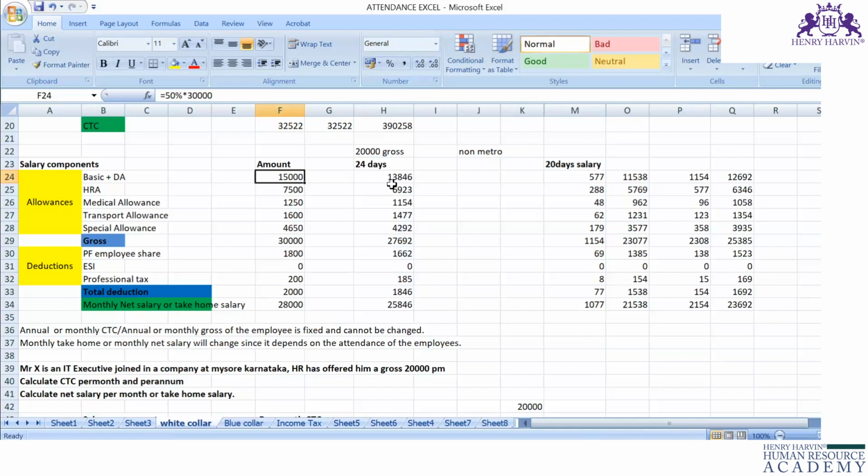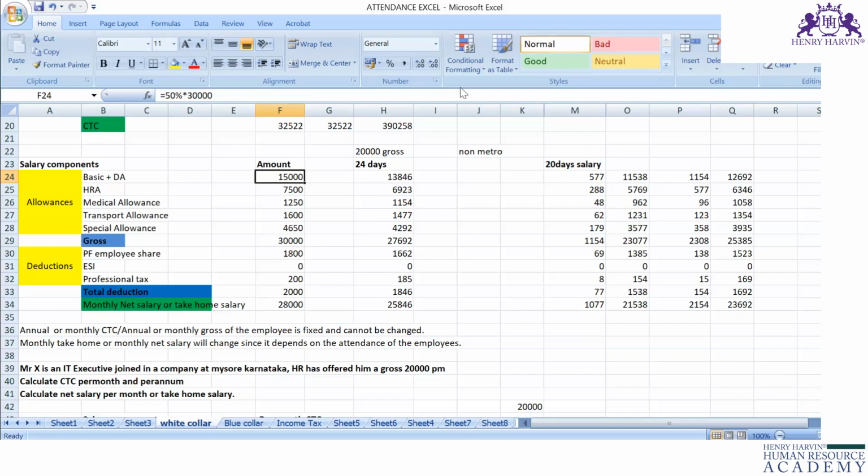For 24 days, it is 13,846. For 26 days, the take home is 28,000. For 24 days, the take home is 25,846, because the employee worked only 24 days. With full attendance, the employee would have earned 28,000.